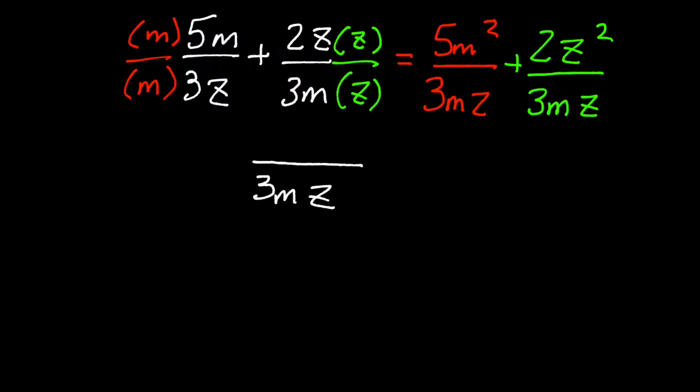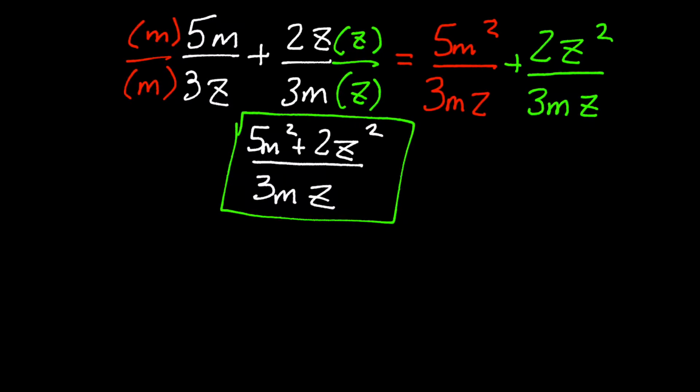And up top, I'm going to have 5m squared plus 2z squared, and I'm done. I cannot do anything else because of the addition. I can't factor anything out because they don't share anything, and since they don't share anything on the top, I'm not going to be able to factor anything out at the bottom as well. So that's my answer.